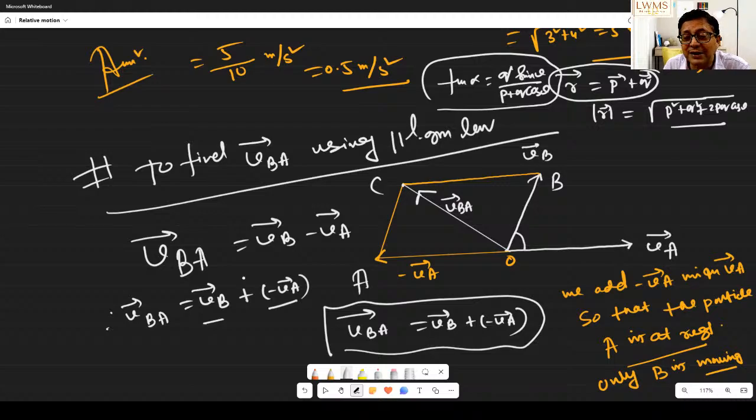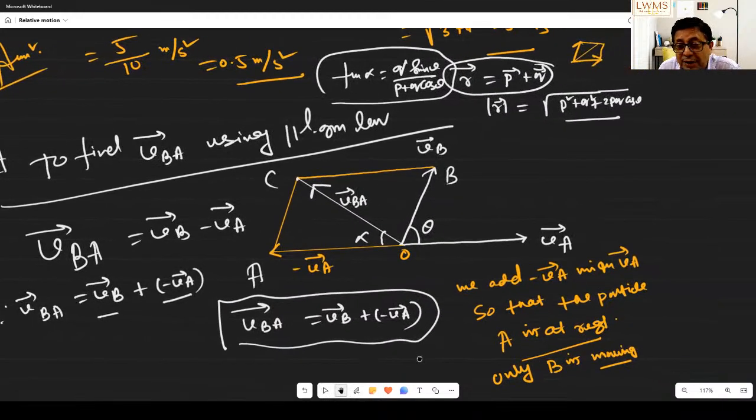And if I take the angle theta, can you tell me what is the value of this resultant and what angle it makes with VB or VA? Let this angle be alpha. We can write the value of alpha. How? First you write the value of VBA. Here you are doing it without the IJK method. IJK is sometimes inconvenient. This method works nicely. So how do I write mod VBA?